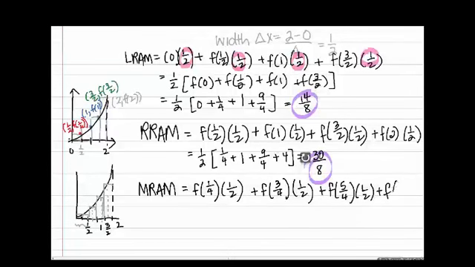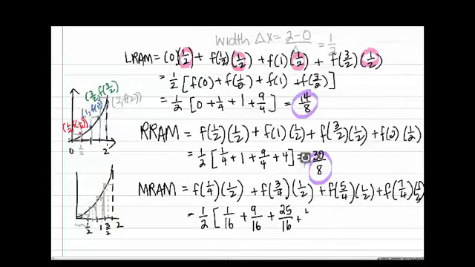And the last one is f of 7/4 times its width. Writing all of these out, this would be 1/2 times 1/16 plus 9/16 plus 25/16 plus 49/16, which is 84/2 times 16, which we can reduce by dividing 4 out and leaving ourselves with 21/8.